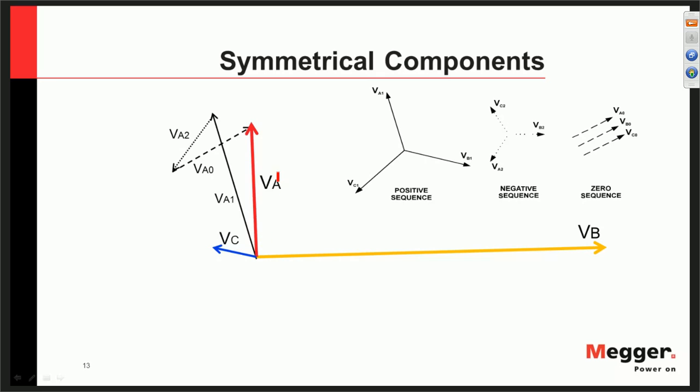But as I said, VA is our known quantity, and we are supposed to compute the sequence quantities. We will explain in the further slides how we can deduce VA1, VA0, and VA2 from VA. Again, the VB vector is going to be the same thing: a vector sum of your positive sequence, negative sequence, and zero sequence.